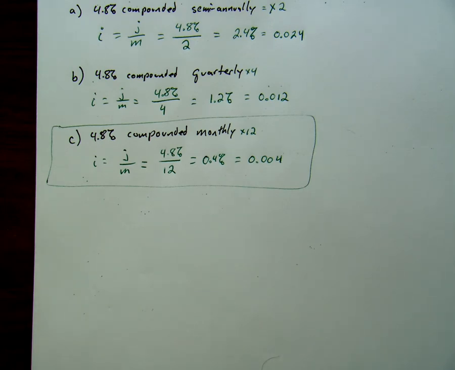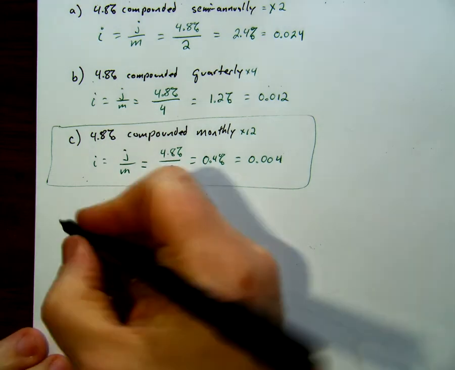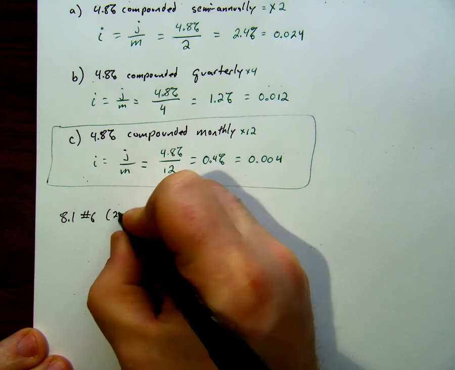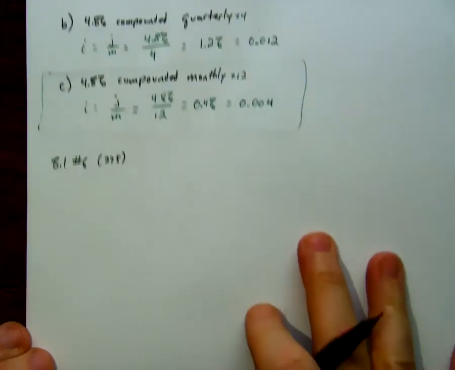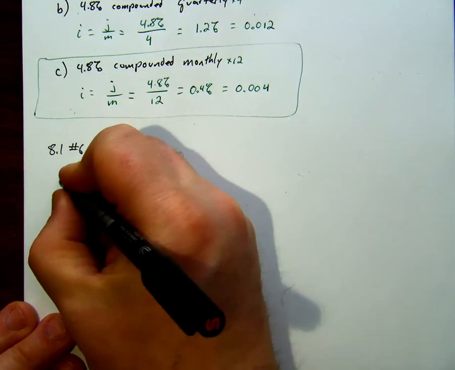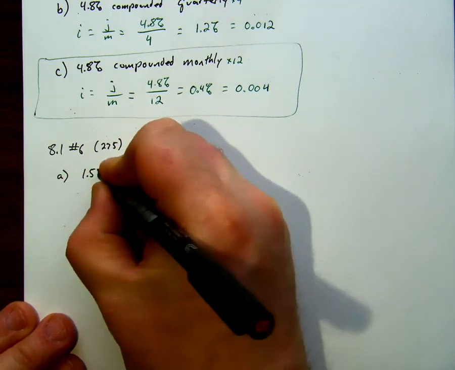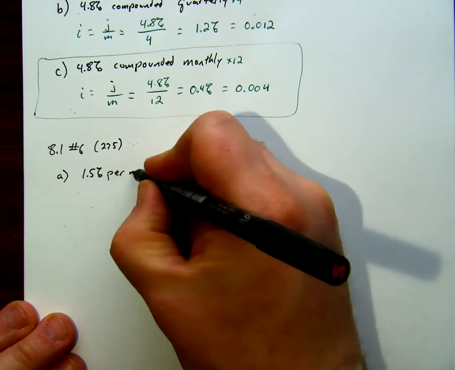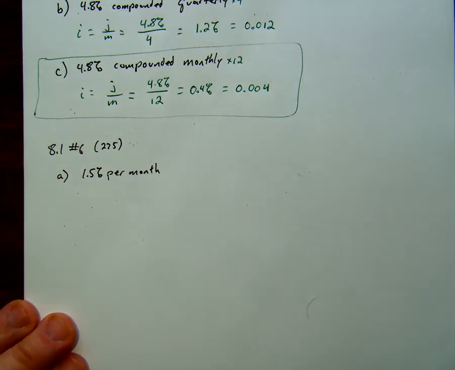Going on to question 6, so 8.1 number 6, on page 275. We're going to do the opposite. We're going to determine the nominal interest rate for the periodic rate. So here we're going to say A, 1.5% per month, and we want to calculate what the nominal rate is.